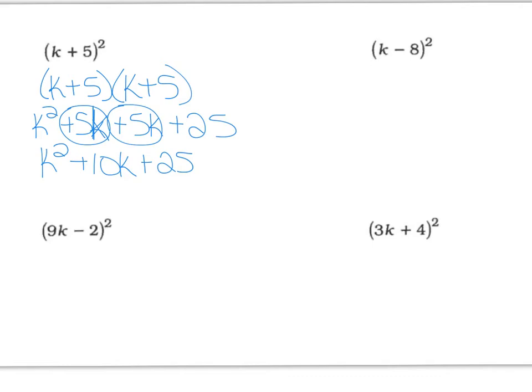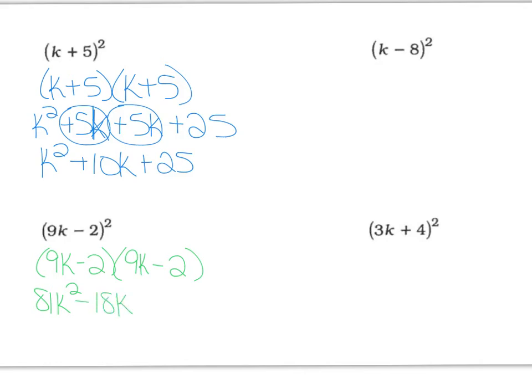All right, I'm going to do this one down at the bottom, the 9k minus 2 quantity squared. When you square something, that means to multiply it by itself, okay? So I'm going to distribute. 9k times 9k is 81k squared. 9k times negative 2 is negative 18k.